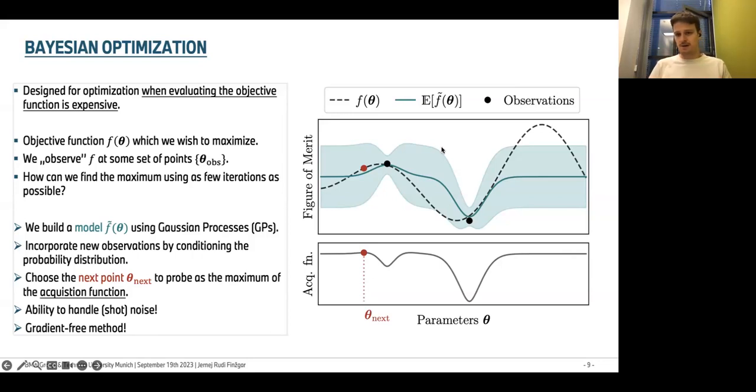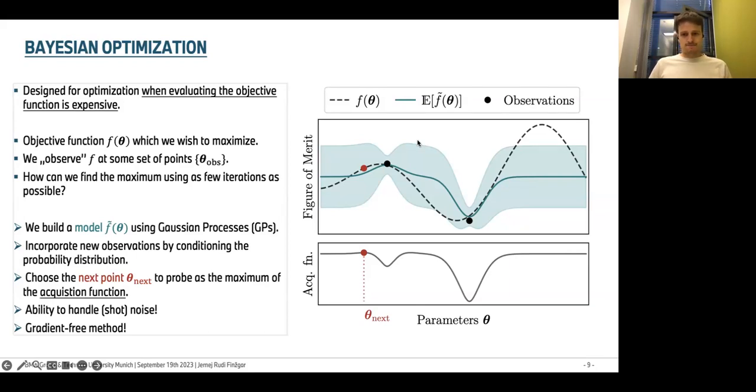In the language of Gaussian processes, this is done by conditioning the probability distribution, because Gaussian processes are, in some sense, probability distributions over functions, by conditioning this probability distribution over functions on the observations that one has made of the figure of merit. So this is really just standard probability, looking at this from this Bayesian perspective.